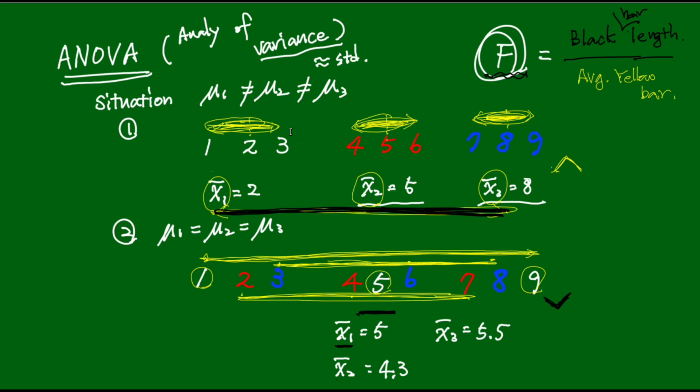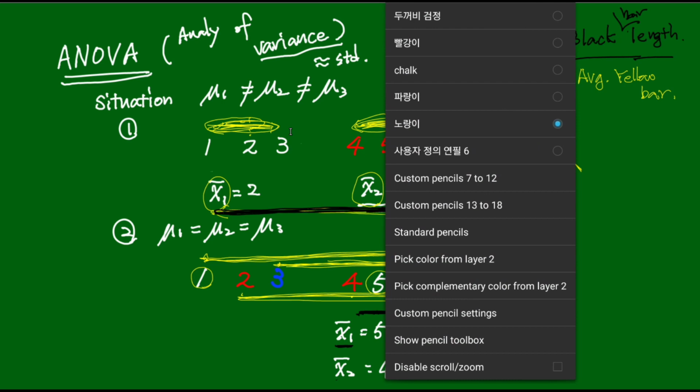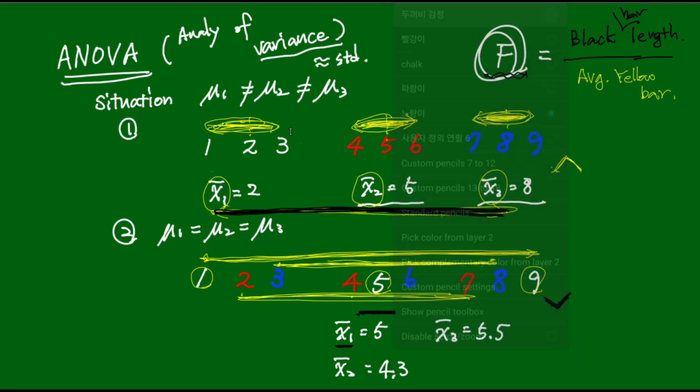So if this F is large, which means the length of the black bar is much larger than the average of the yellow bar.